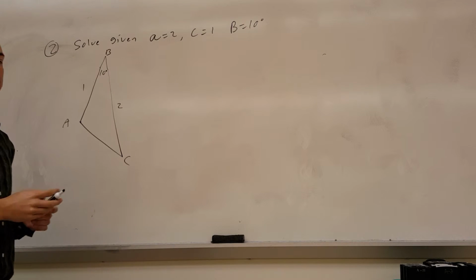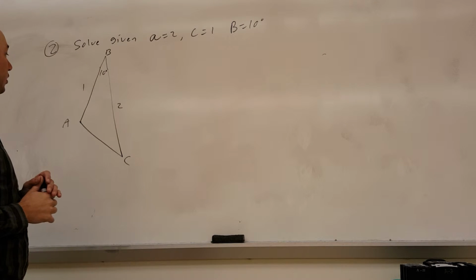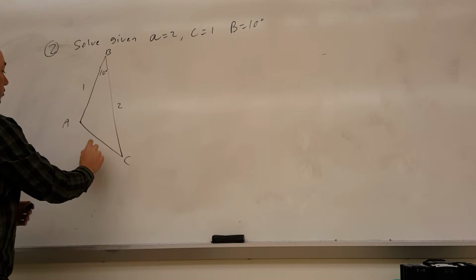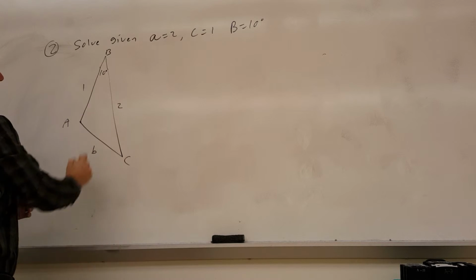So we cannot use law of sines because we do not have an angle opposite a given side. We use law of cosines. We can solve for side B because we have side, angle, side.